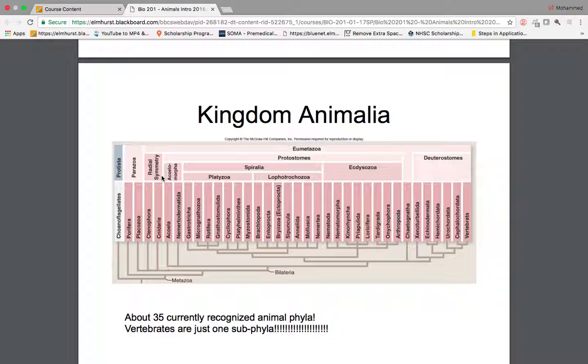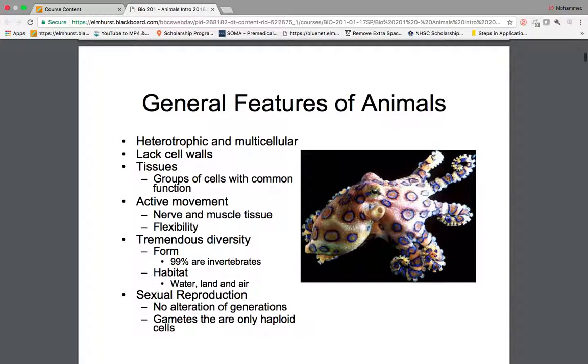So let's talk about what animals actually are. There are some general features that animals share. One, they are heterotrophic. What is that? That's right. They cannot utilize sunlight or, in some senses, chemicals to be able to generate their own carbon compounds.